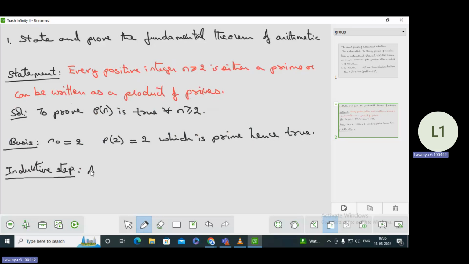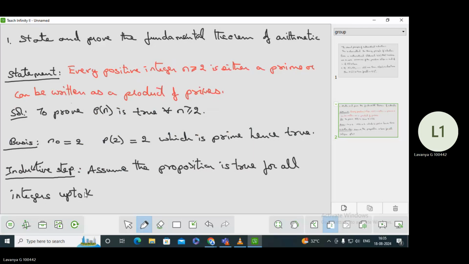We assume the proposition is true for all integers up to k, where k is strictly greater than 2.